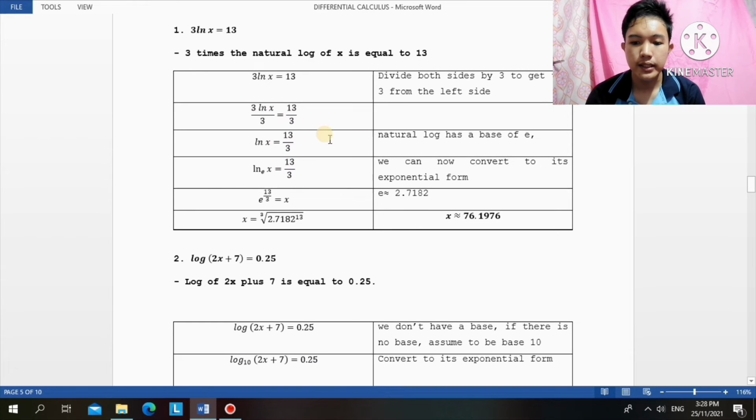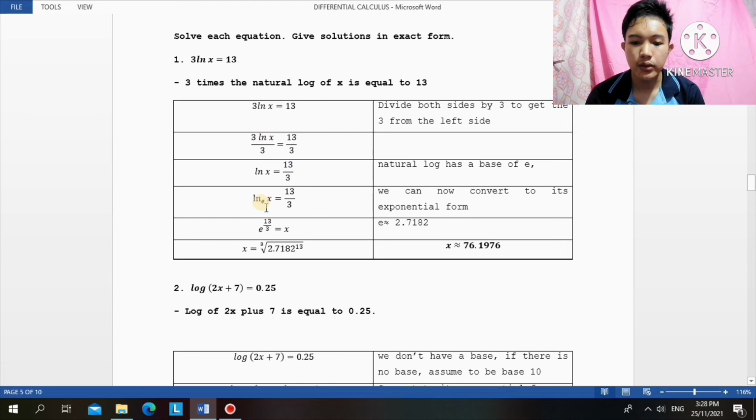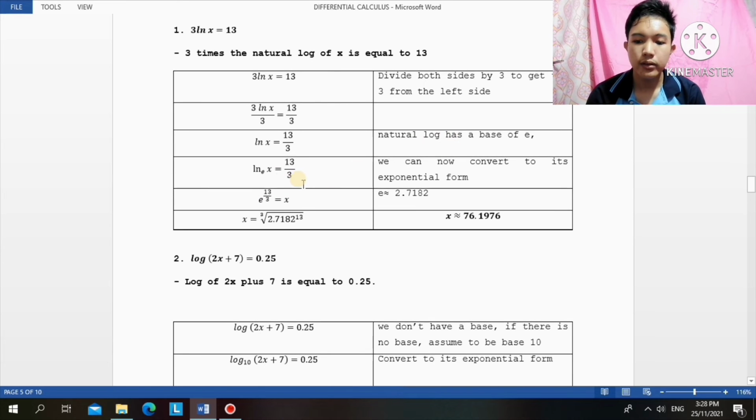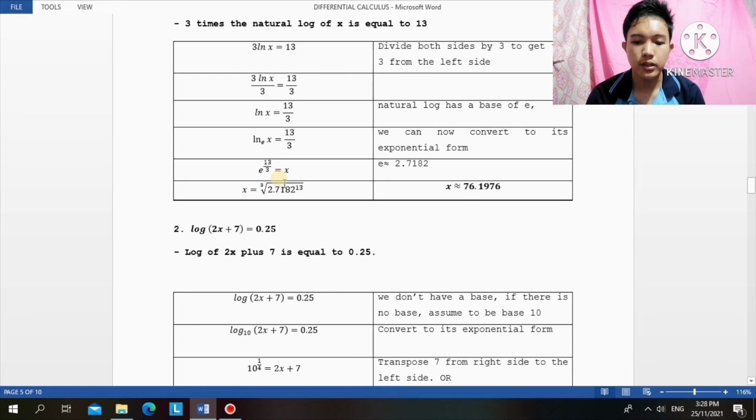Since natural log has a base of e, our equation will be log base e of x is equal to 13 over 3. We can now convert to its exponential form. So e raised to 13 over 3 is equal to x.